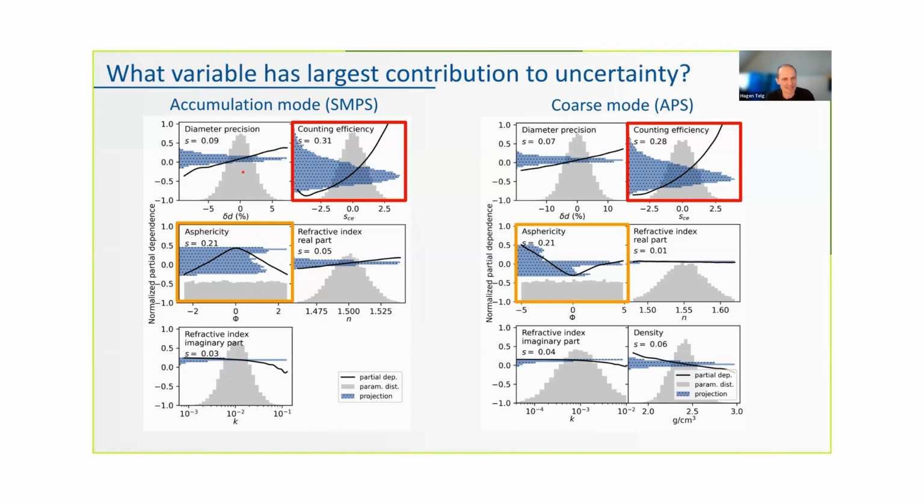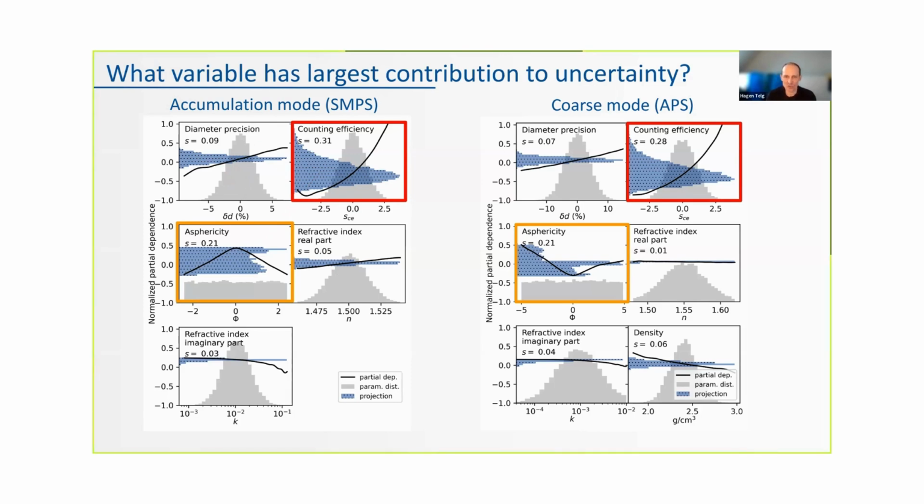And to make this more apparent, I now convolved our probability distributions with that sensitivity. So all those blue areas you can see in all those plots are now giving you an idea of how much the uncertainty of this parameter contributed to the overall uncertainty.